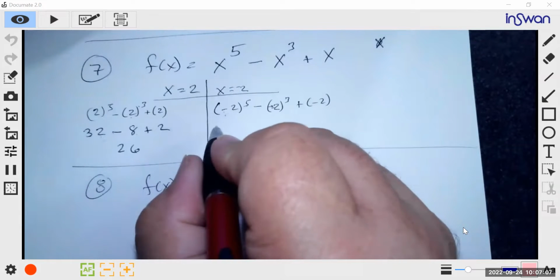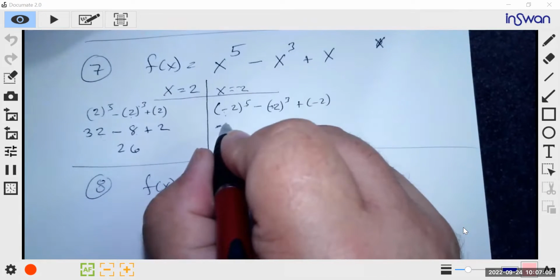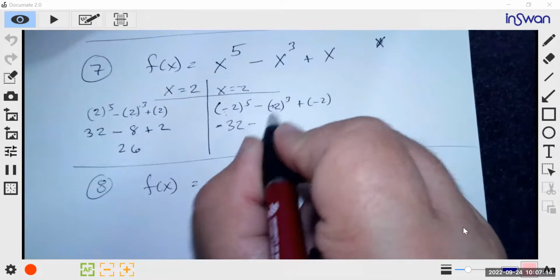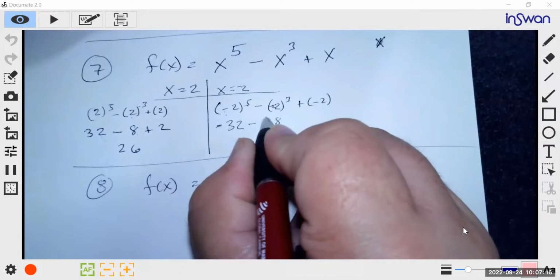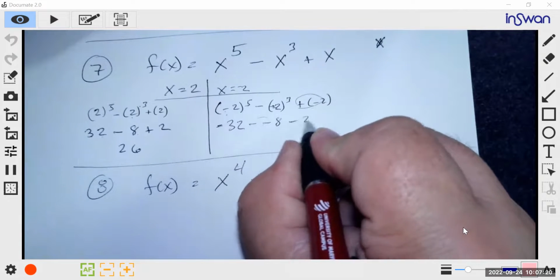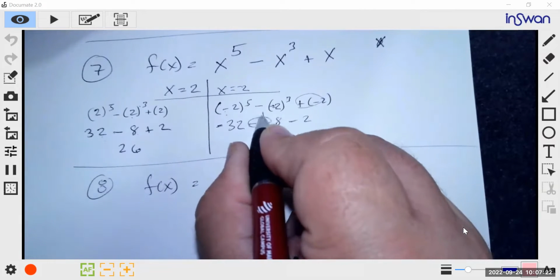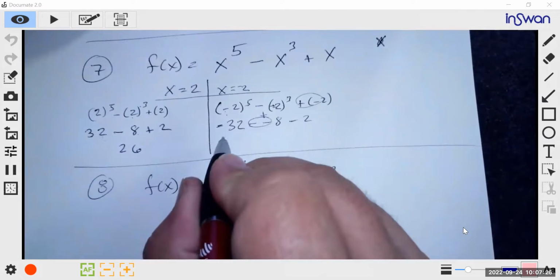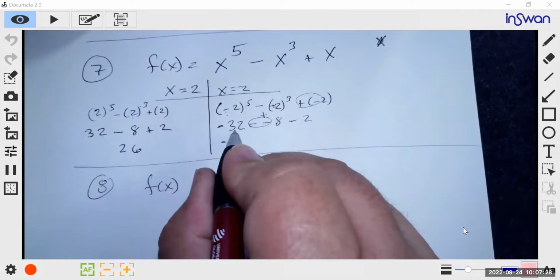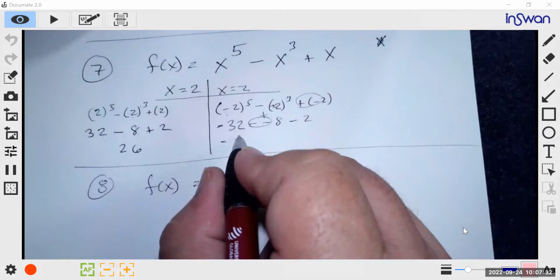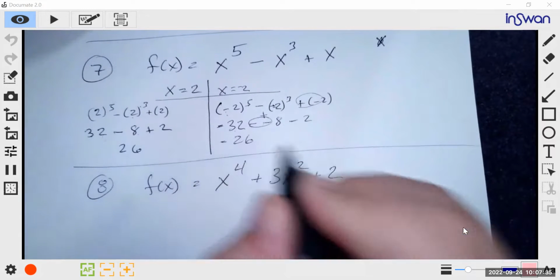Negative 2 to the 5th can be negative 2 to the 5th is negative 32. Negative 2 cubed is negative 8, so it's minus negative 8. Minus a minus is a plus. Negative 32 plus 8, negative 32 plus 8 is negative 24. Plus negative 2 is negative 26.